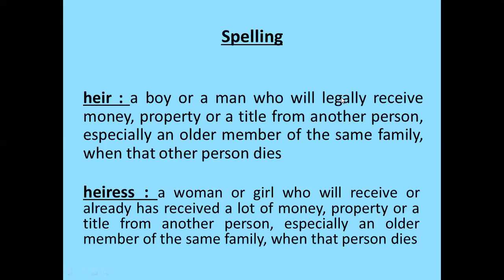Heiress, a woman or a girl who receives or will receive a lot of money, property, or title from another person, especially an older member of the same family. So again, heir and heiress, those are the people who generally receive the money or the wealth of a dead person.